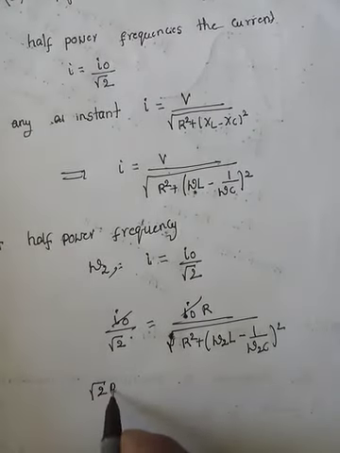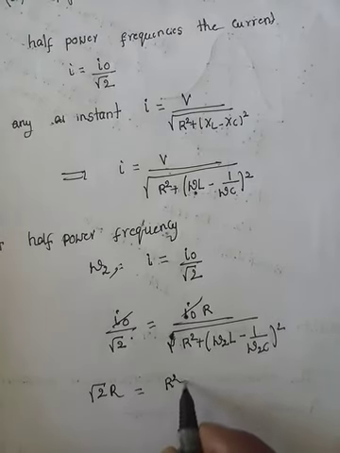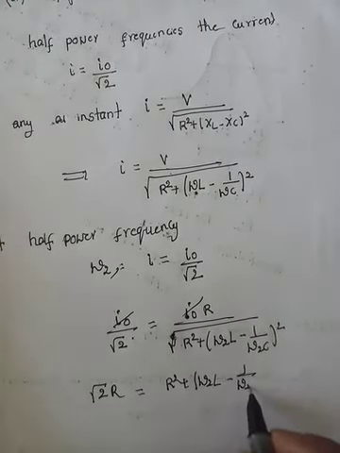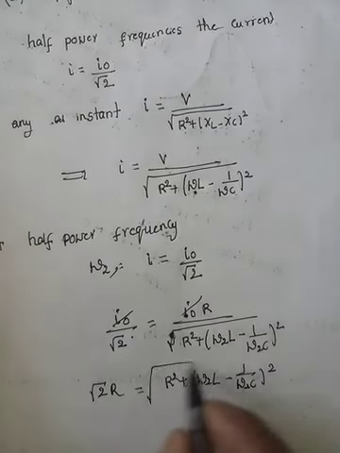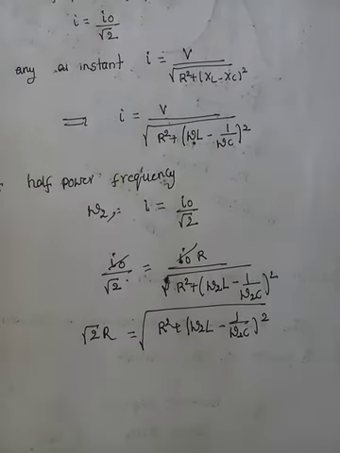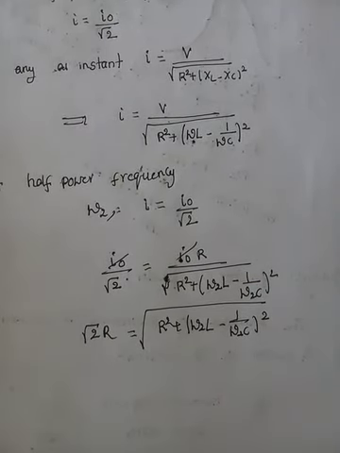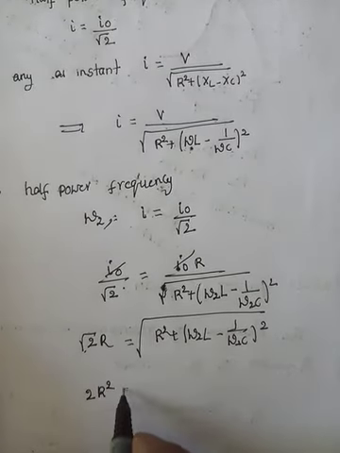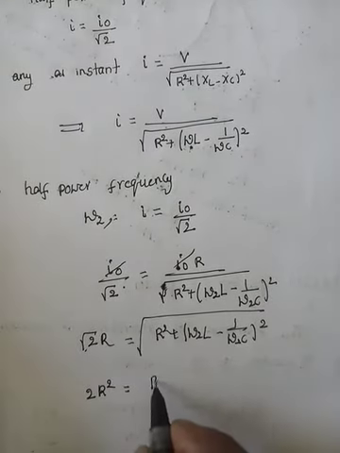Root 2 R is equal to, cross multiply, under root of R square plus omega 2 L minus 1 by omega 2 C whole square. What should we do? We should do squaring on both sides. If you square on both sides, root 2 whole square is 2, R square equals, square and root get cancelled.